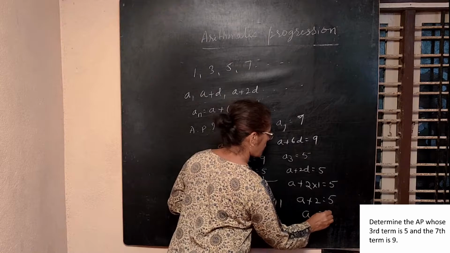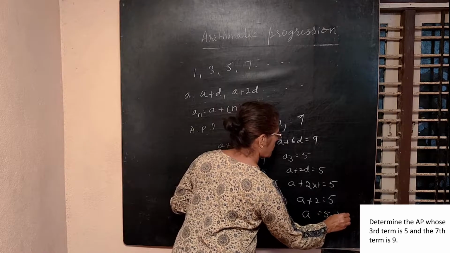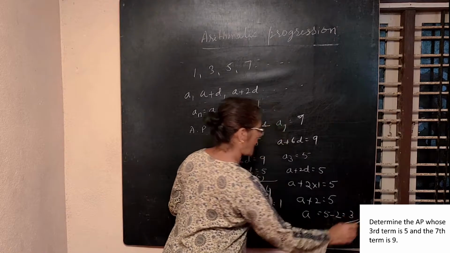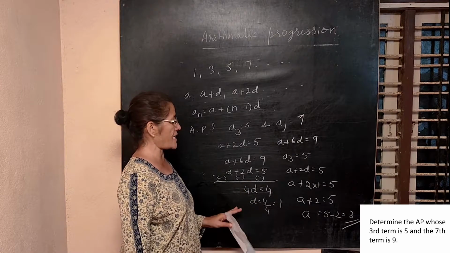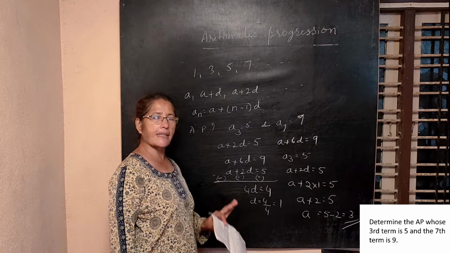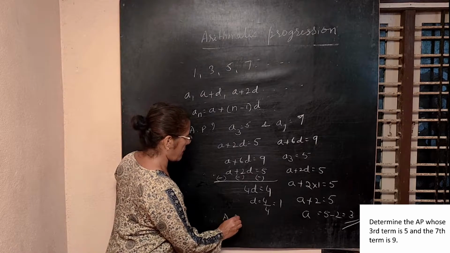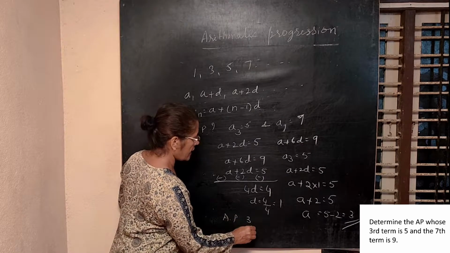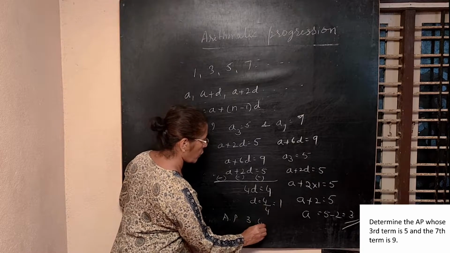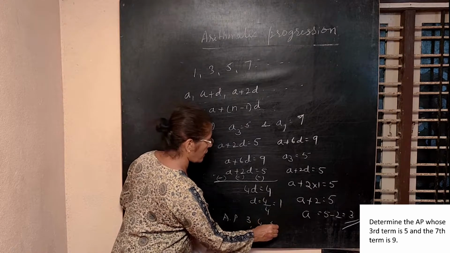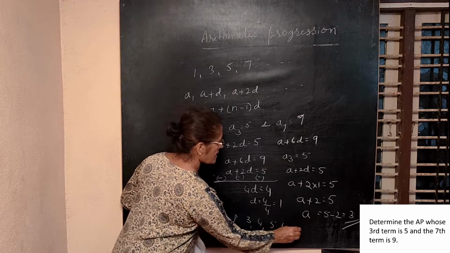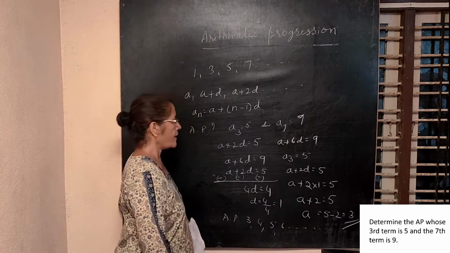So a is equal to 5 minus 2, which is 3. Now I know what is a and what is d. Very easily I can write down the AP. So what is the AP? The AP is 3. Next one is 3 plus 1, 4. Next one is 4 plus 1, 5, 6 and so on.